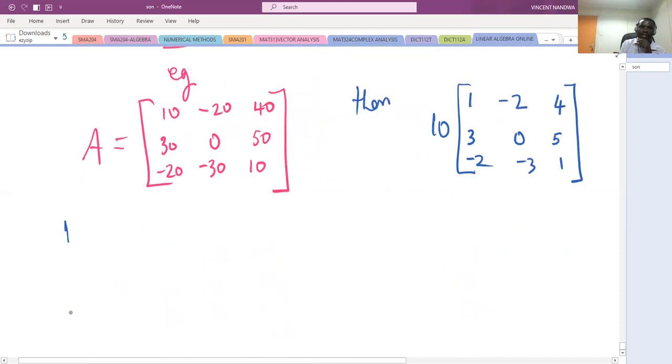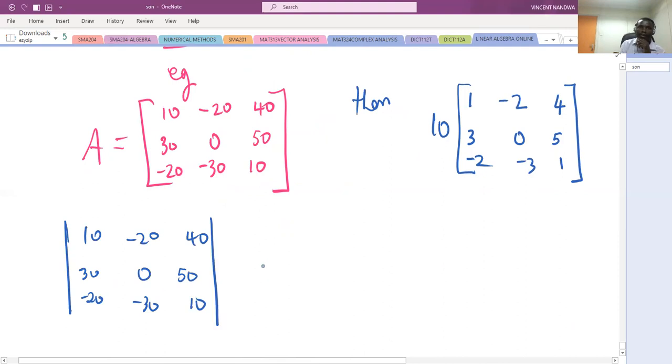And the determinant of A will be the same as 10 to the power n.